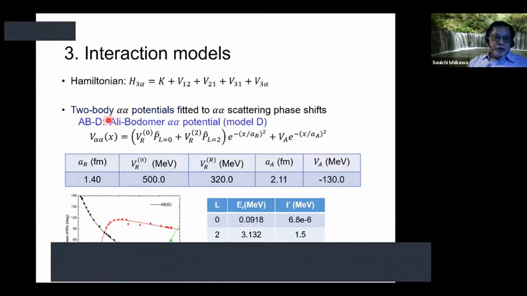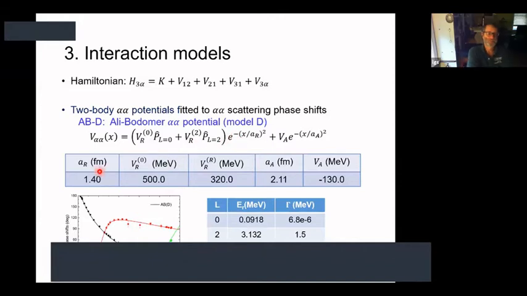We have a traditional, conventional potential in hand, which is called the Ali-Bodmer potential. This potential has a simple Gaussian form with some attraction as well as short-range repulsion, which represents the Pauli principle between alpha particles.